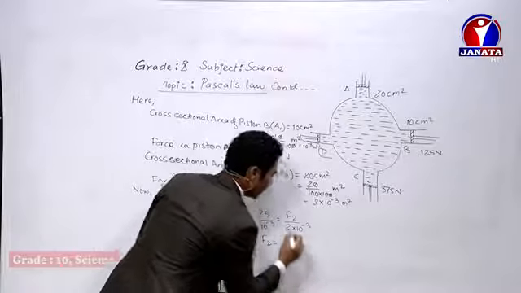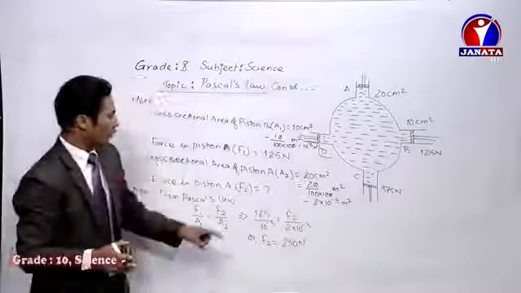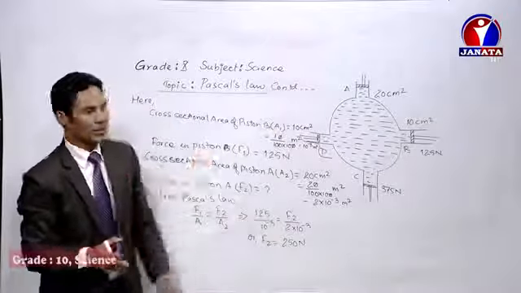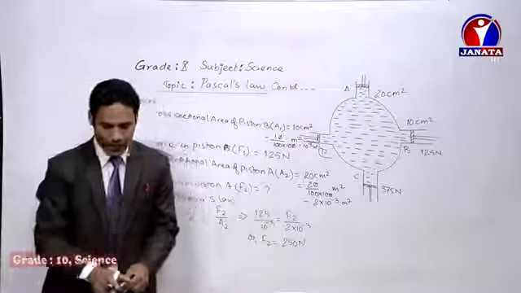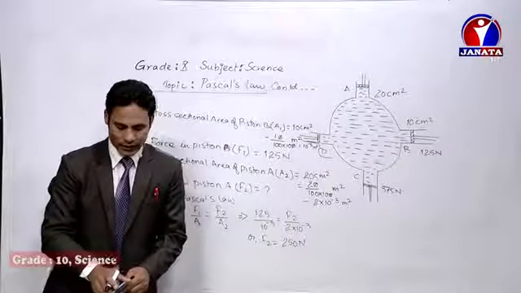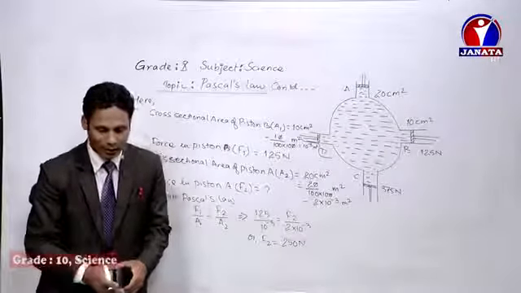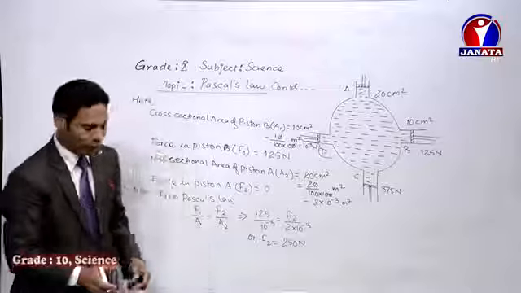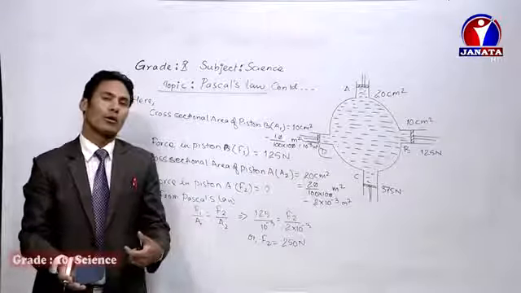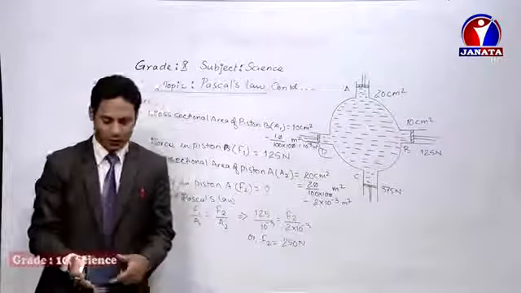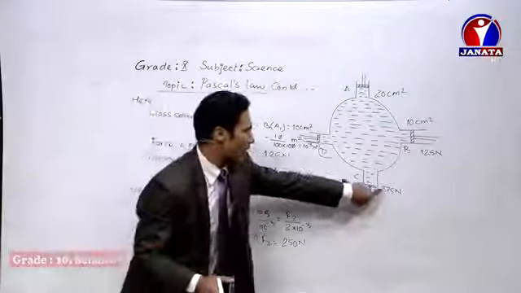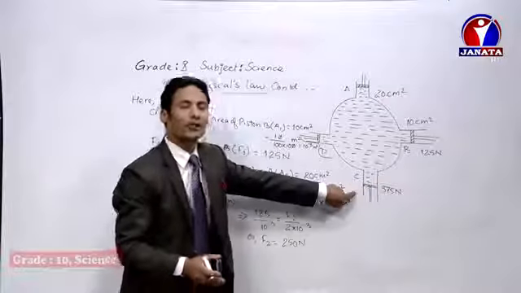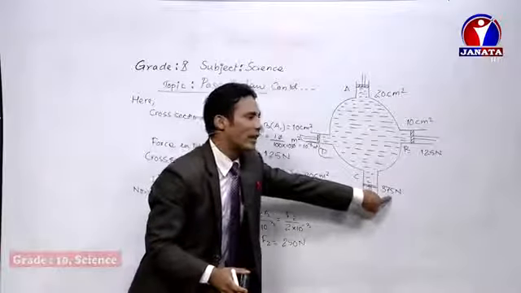Therefore, the force exerted on piston A is 250 Newton. Similarly, we need to calculate the weight that can be balanced on piston A. Whatever force is there, the same amount of weight can be balanced on this piston A, and we need to calculate the cross-sectional area of piston C if the force exerted is 375 Newton.